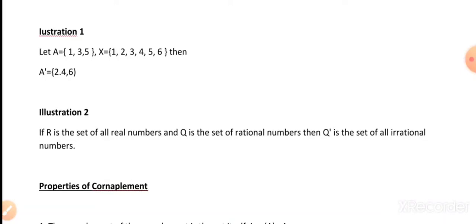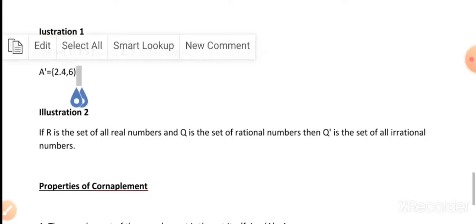Then the complement A dash by definition is all elements x belonging to X but not belonging to A. Leave out 1, 3, 5 as given; the remaining elements 2, 4, 6 are the complement of A.